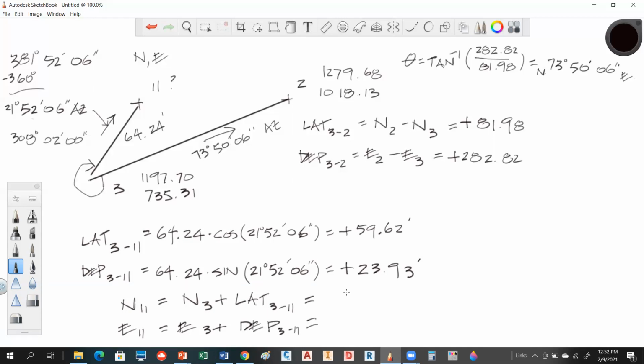So if we take the 2393 plus 735.31, I get 759.24. And if I take my 5962 plus my 1197.70, I get 1257.32. So those are the coordinates we're after. So we just solved that.